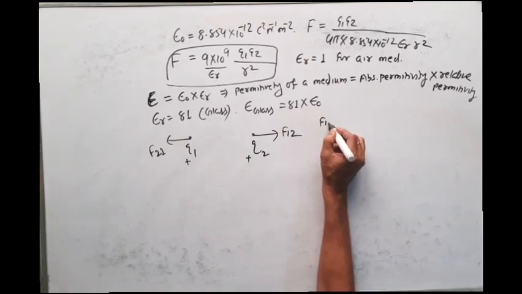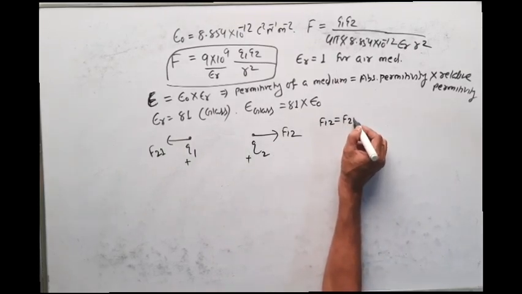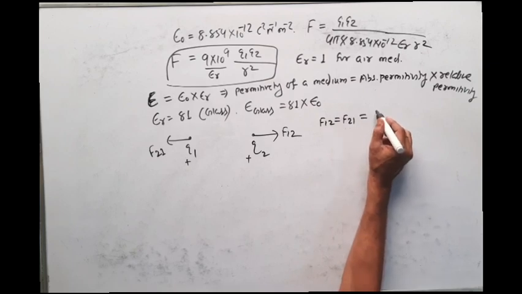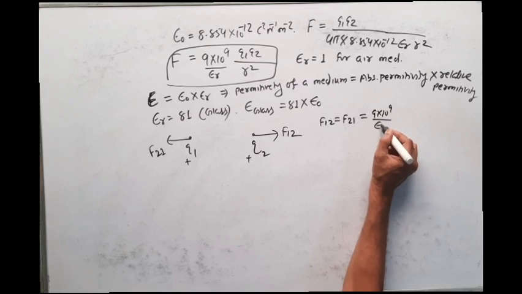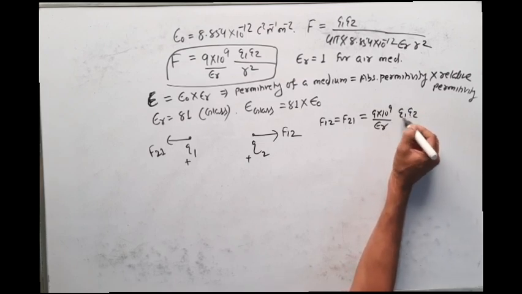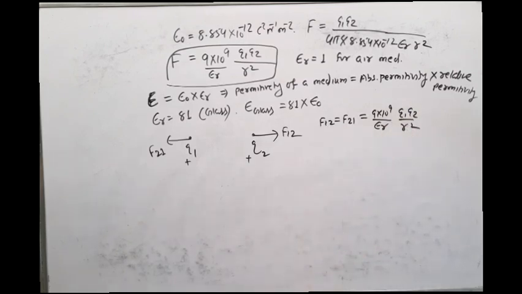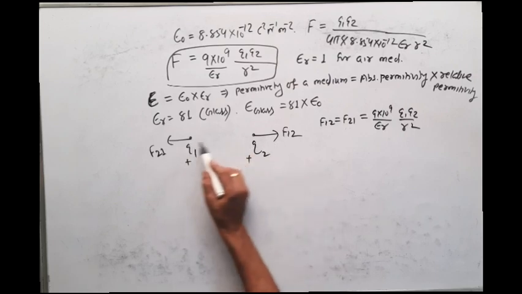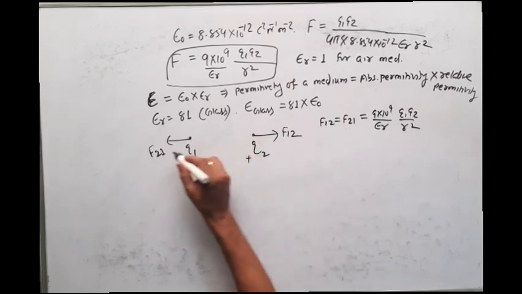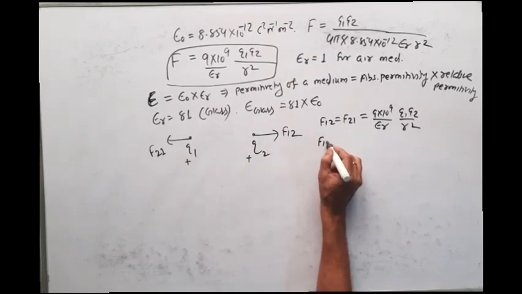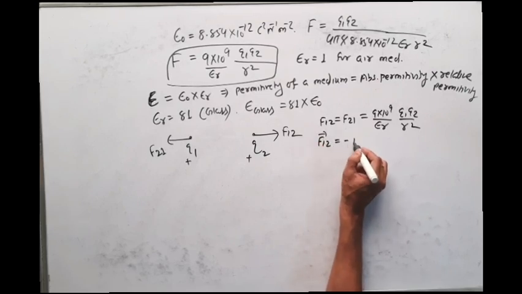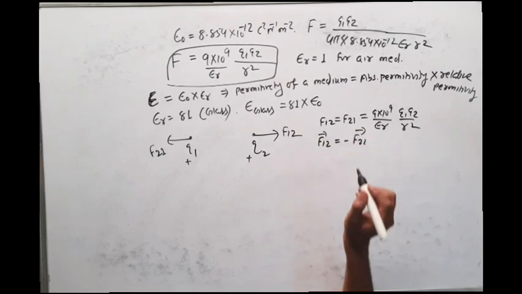Both F12 and F21 have magnitude 9 × 10 to the power 9 divided by epsilon r, Q1 Q2 by r square. Magnitudes are the same, but the direction is opposite. So I can write F12 vector is equal to minus F21 vector.